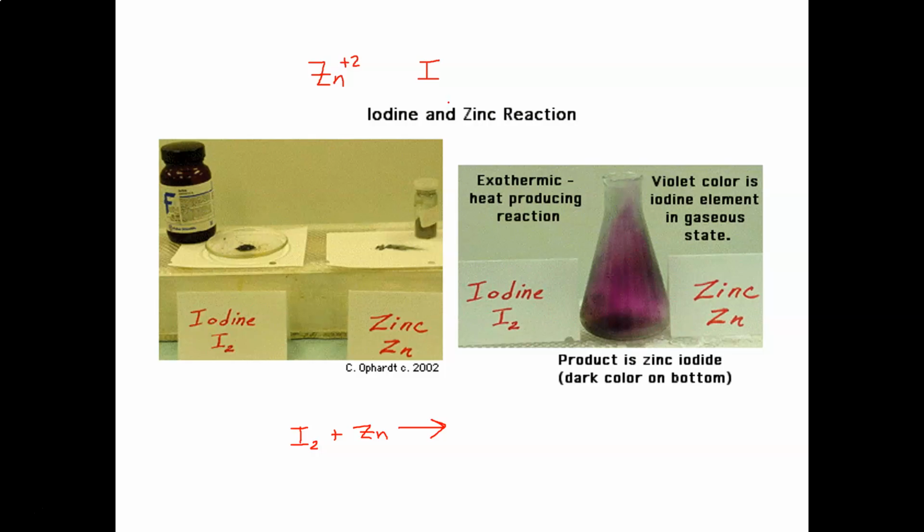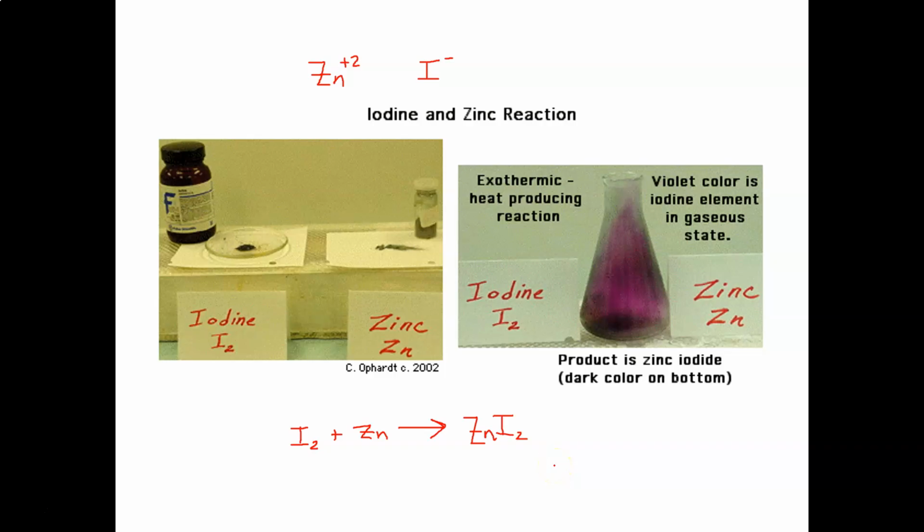Anytime I'm doing crisscrossing, I'm looking at individual elements by themselves, and then I'll crisscross them together to figure out how many I need. So iodine's in group 17. It's always negative. So if I have Zn positive 2, and if I have iodine that's negative 1, and I crisscross them, that tells me that my formula for my ionic compound is going to be ZnI2.